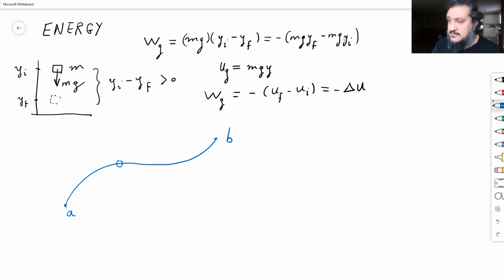At that instant, there's a force acting on it, and the force is pointing this way. Okay, so if I ask you, what is the work done by this force? Let's call it WF, when the object is going from A to B, following this path. How would you find that?